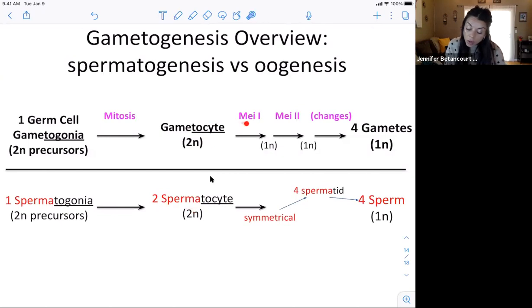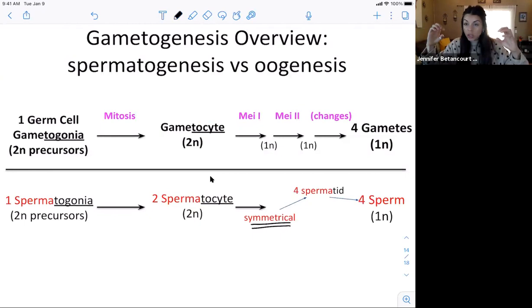They undergo meiosis 1 and meiosis 2, and here is something very important. As in all the cartoons we've shown so far, they form 2 circle cells, and the circles are about the same size. So we call that symmetrical division.